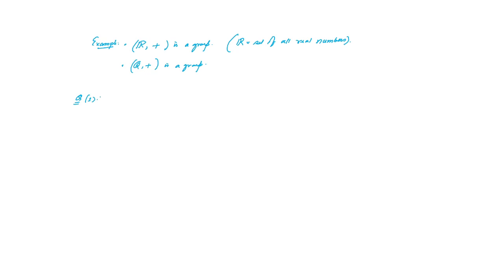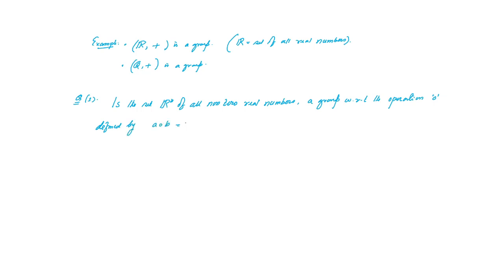Problem number 1: the set R star of all non-zero real numbers forms a group with respect to the operation not defined by A not B equals mod A multiplied by B. Justify.